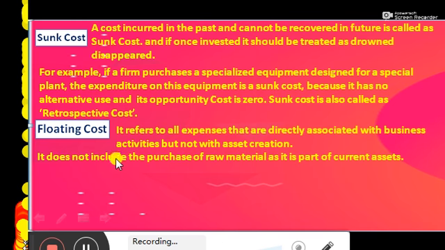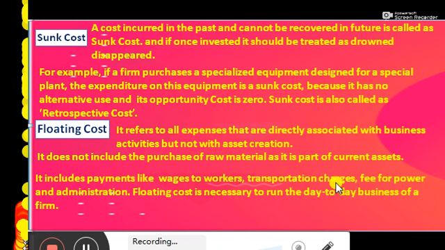It does not include the purchase of raw material as it is part of current assets. It includes payments like wages to workers, transportation charges, fees for power and administration. Floating cost is necessary to run the day-to-day business of your firm.